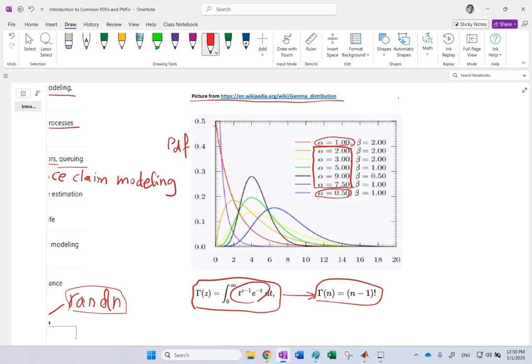For instance, if you look at orange versus blue, let me look at two of them that have similar alphas and different betas, so you can appreciate that better. Let's see.